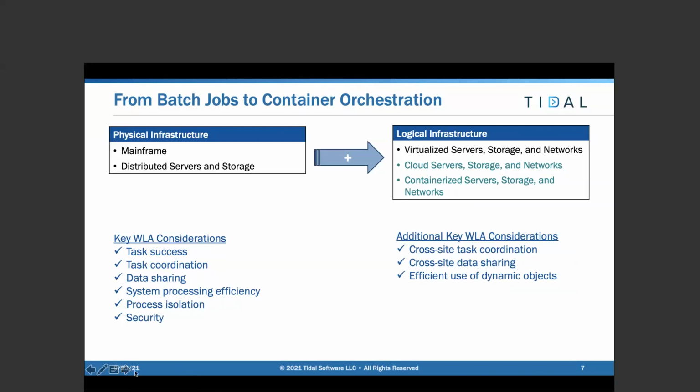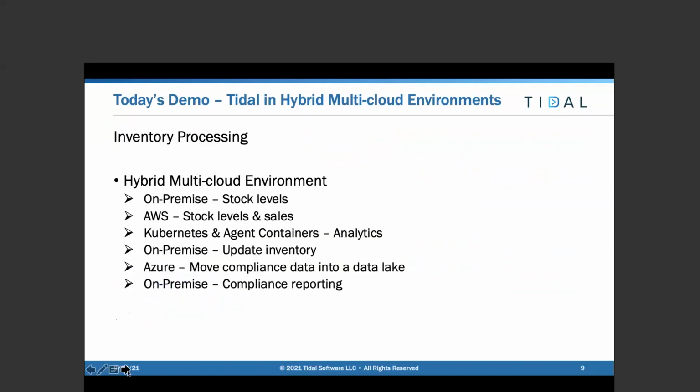But the logical infrastructure brings in some other things. It means that we need to think more and more with cloud about how do we do cross-site coordination? How do we do cross-site data sharing? And because of the way that cloud and container resources are there, making sure that we can efficiently use dynamic objects. So today, we're going to dive down into cloud and containers.